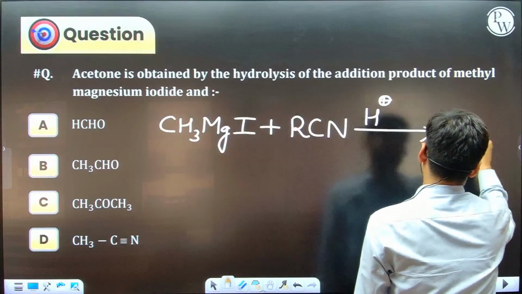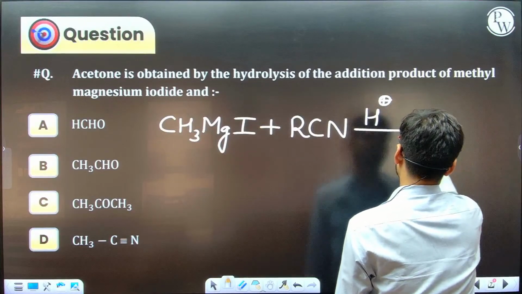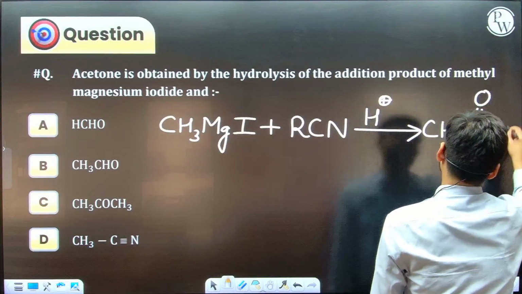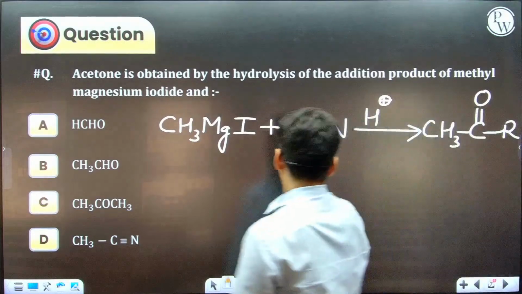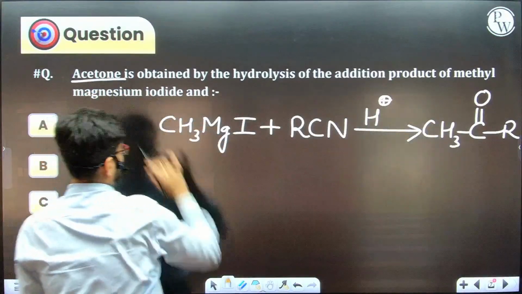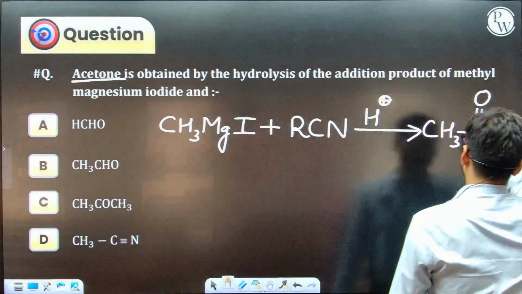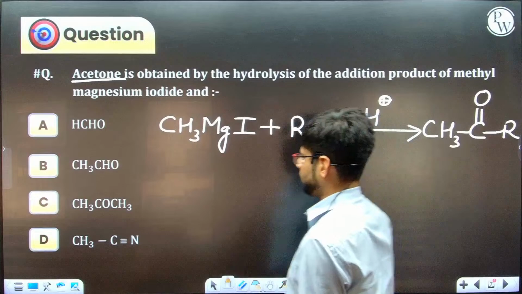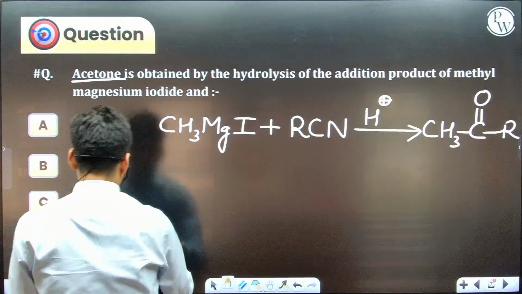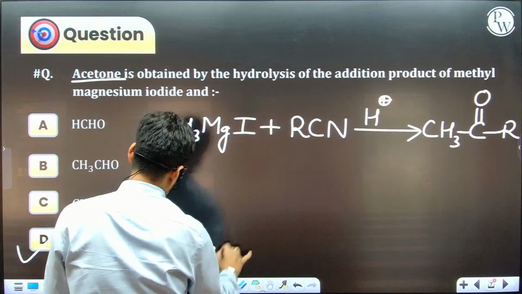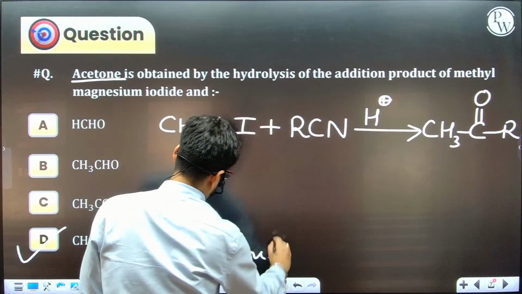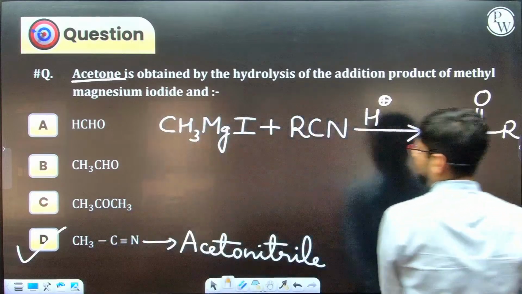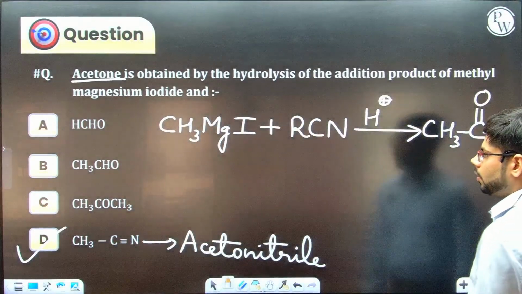So we'll get CH3COR. Now we want to obtain acetone. Acetone is CH3COCH3, which means R is CH3. That means the compound is CH3CN, right? This is called acetonitrile. You should know this name. So D is the correct answer.